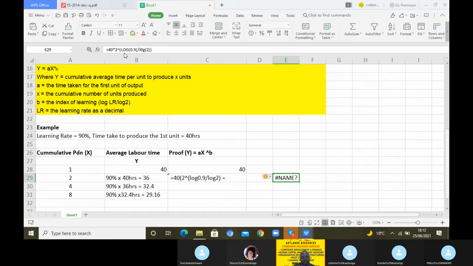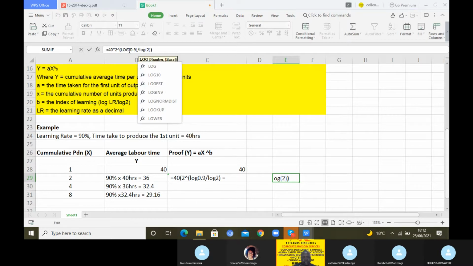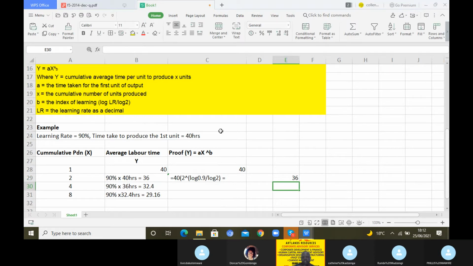Oh sorry, this should be log. Okay, notice I have just done that: 40 times 2 to the power of log 0.9 over log 2. What I'm getting here is 36. So I am proving the formula is coming out right.